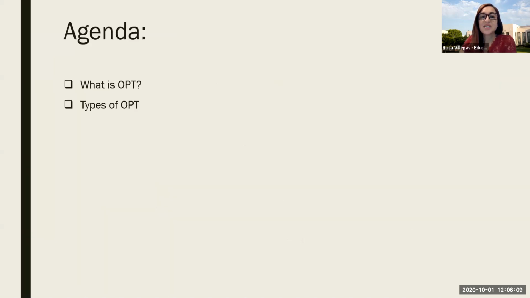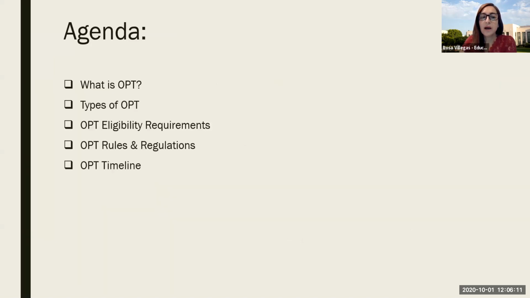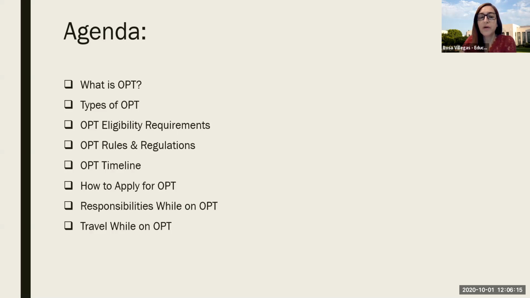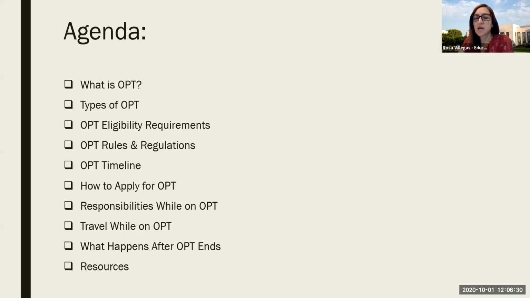So today's agenda, it's kind of long. I may be going through some of the points kind of fast. We're going to be talking about what OPT is, the types of employment of OPT, OPT eligibility requirements, OPT rules and regulations, OPT timeline, when is the best time and how to apply for OPT.